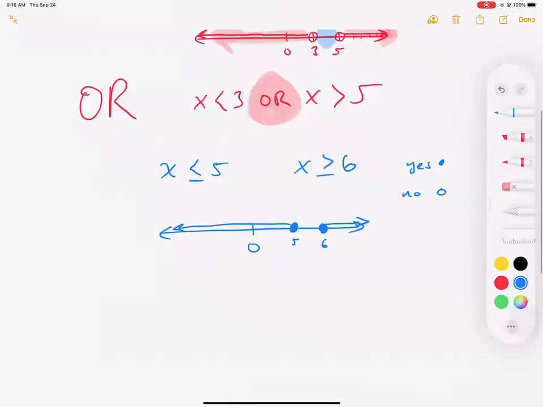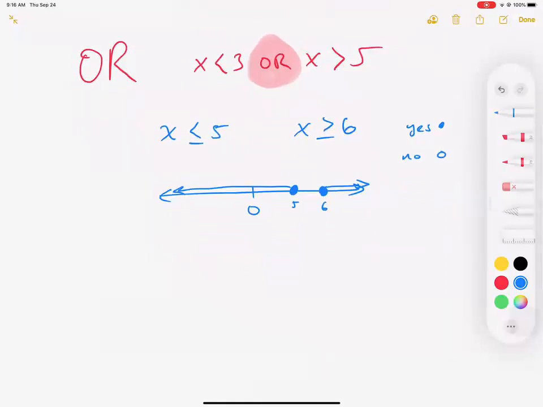So here's our next word, and that's the word we're talking about. It's our and statement. I'm going to show you guys a little differently. I'm going to say x is less than 5 and x is greater than 3, using those very similar numbers. And let's see if this is possible.